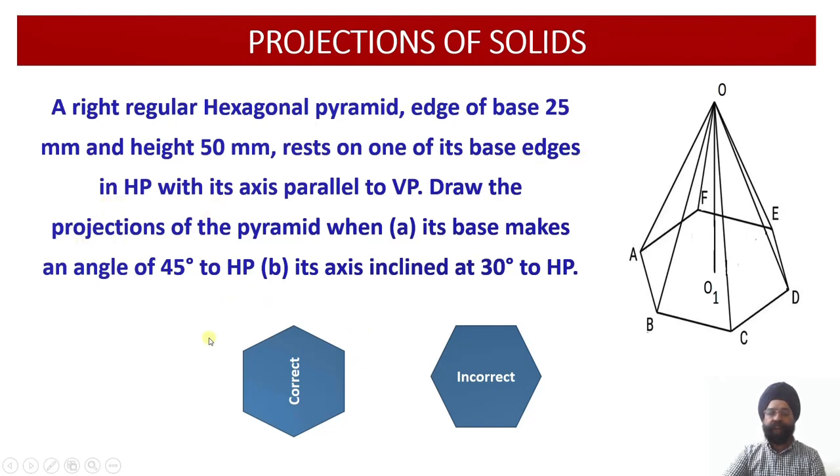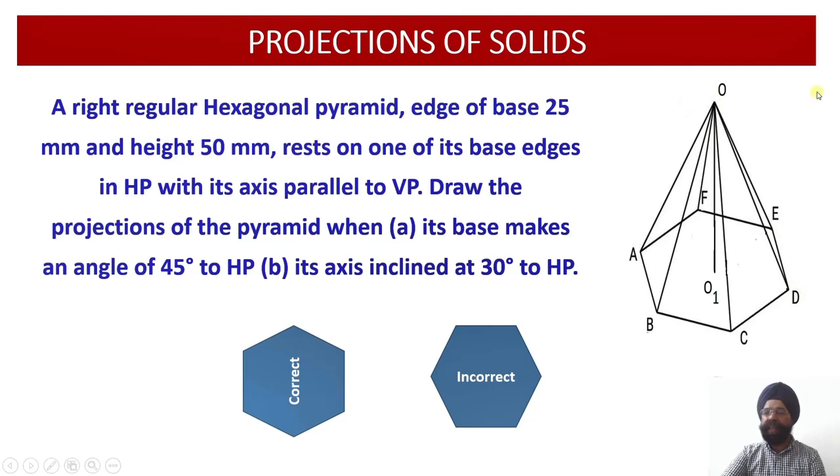So you see, if I draw this hexagon, which is the true shape of the base of this pyramid, in this orientation, now it is just like the model which is shown over here. Then if I tilt it either this way or in the other direction, either way around it will be resting on either the edge of the base AB, or if I tilt it this way it will be resting on the base edge ED.